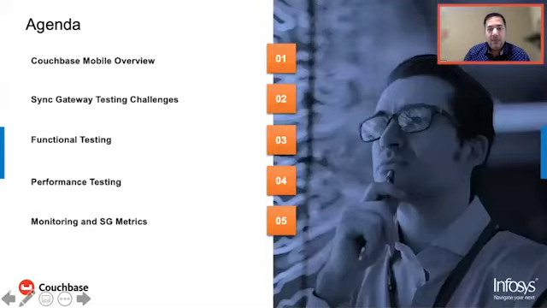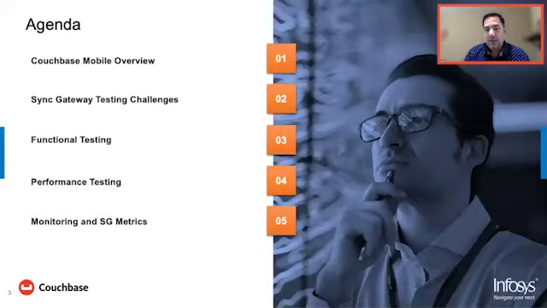In terms of today's agenda, we'll be talking about all the challenges that you will probably run into while testing mobile sync with Couchbase. And then we'll talk about my solutions or recommendations to overcome those challenges. Most of this is going to be based on the kind of issues that I faced at multiple engagements working with Couchbase Mobile, right?